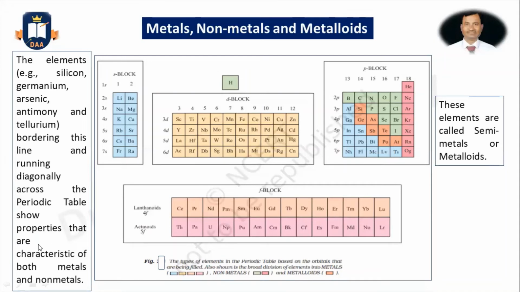Across the period they show properties that are characteristic of both metals and nonmetals. That means these elements arranged diagonally in the periodic table, in the deep brown color, have both metal and nonmetal characteristics, and these elements are called semi-metals or metalloids.